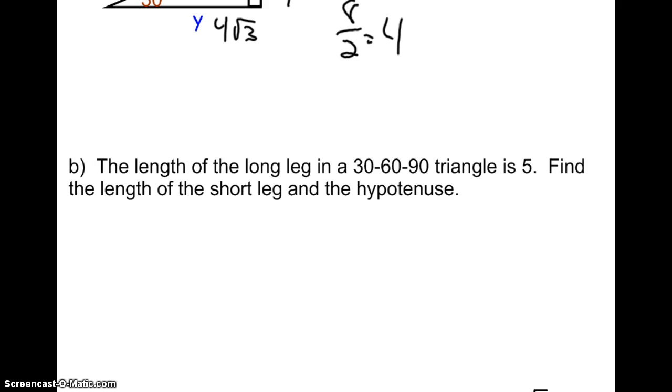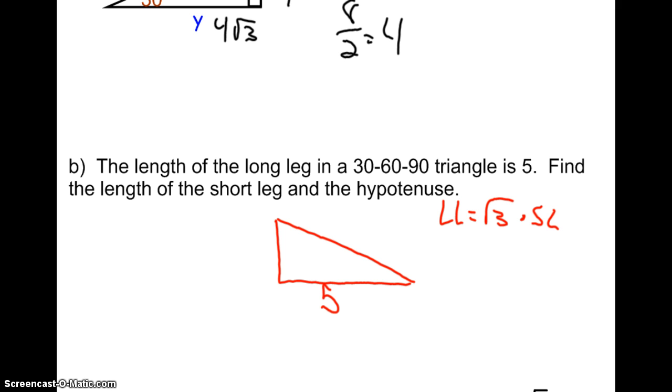Question B here. The length of the long leg in a 30-60-90 triangle is 5. I'm going to go ahead and draw this. The long leg we said was 5. Find the length of the short leg and the hypotenuse. So at first we've got to find out: the long leg equals the square root of 3 times the short leg. So I'm going to divide that again. The long leg divided by the square root of 3 is the short leg.